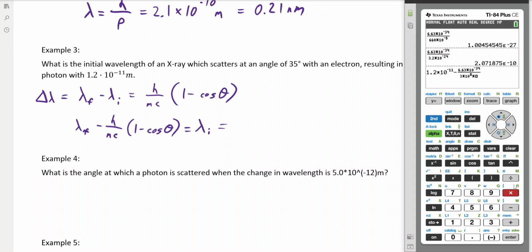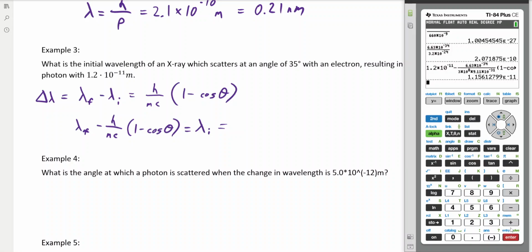Mass of an electron is 9.11 times 10 to the exponent negative 31. Then 1 minus cos of the angle, which is 35. And that should give us our answer.